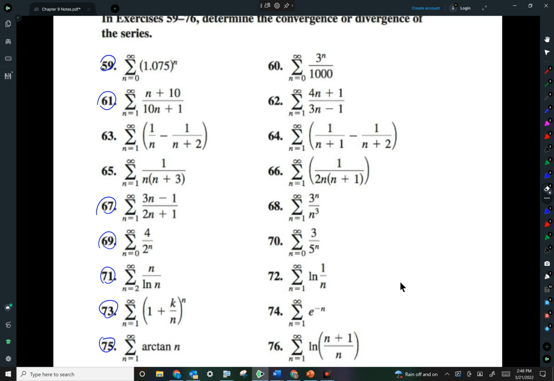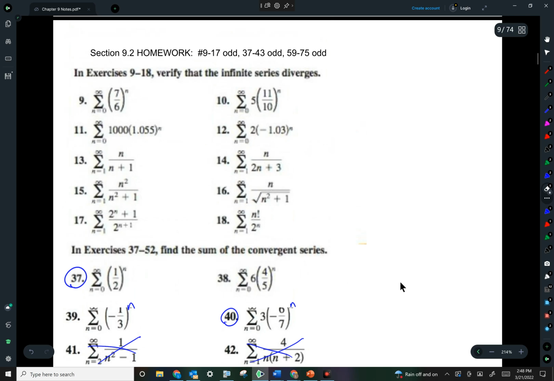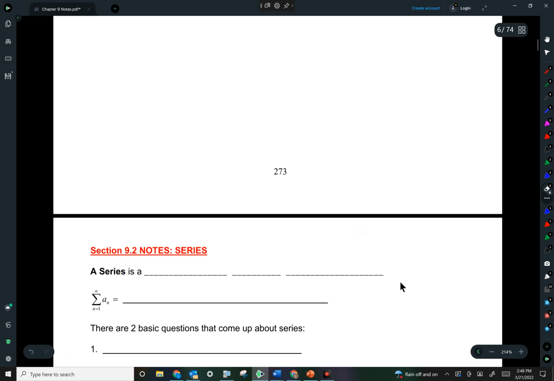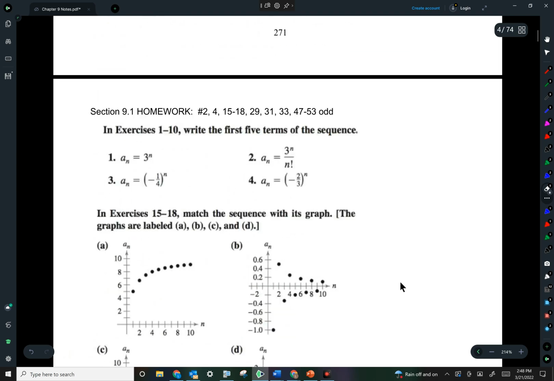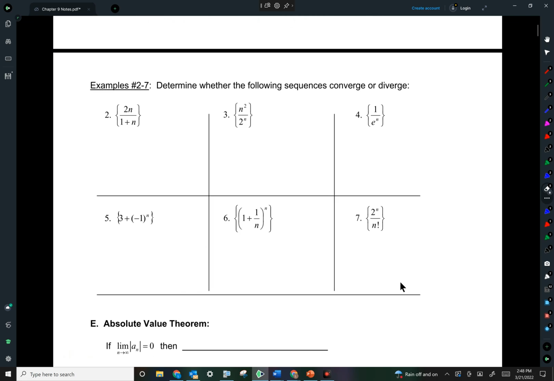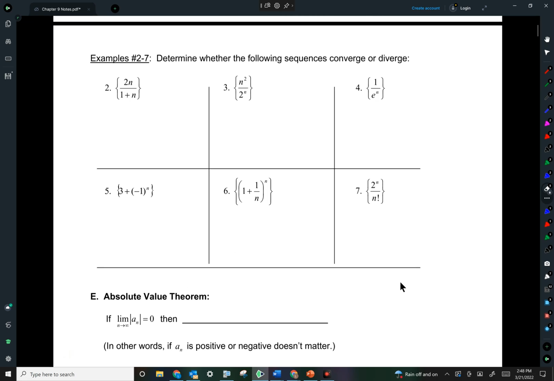Does 73 look familiar at all from last time? From the last class? Number 6 on page 271.